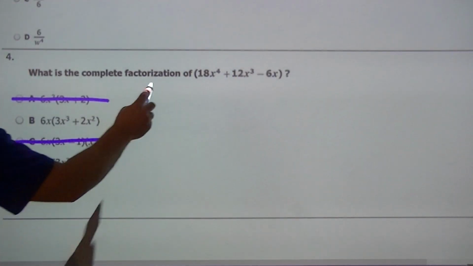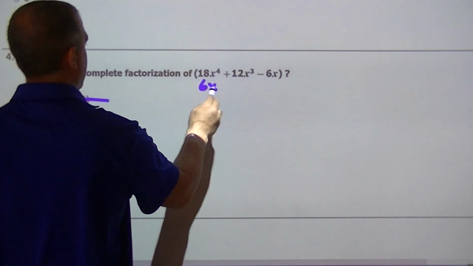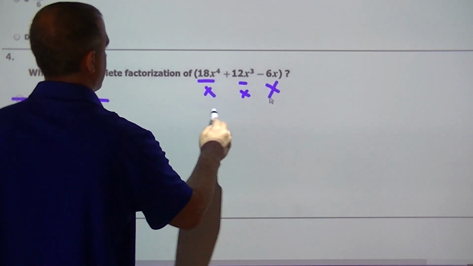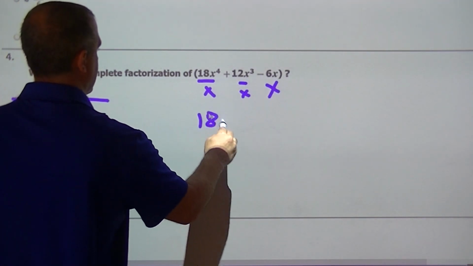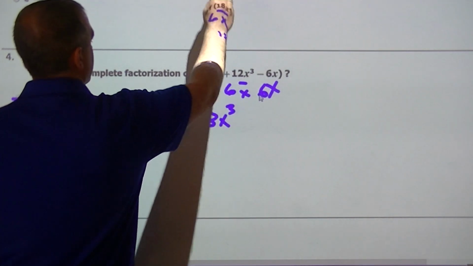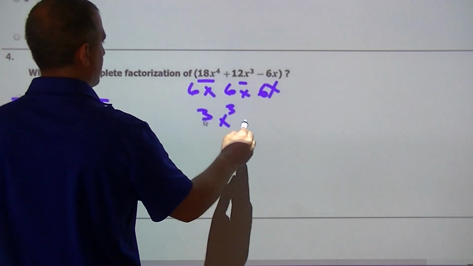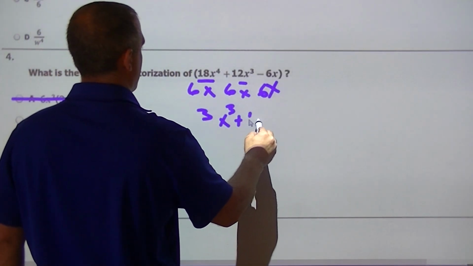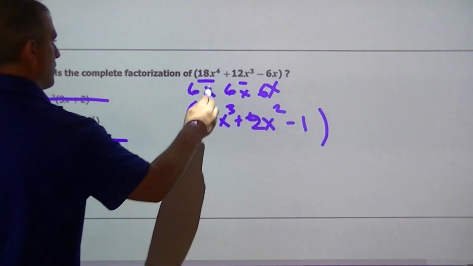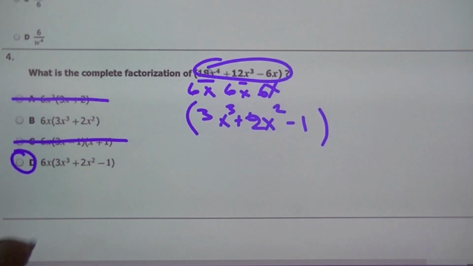The idea is that you would divide them all by x, because that's what they have in common. Actually, we divide by 6x, I apologize. So that would be 3x cubed plus 2x squared minus 1. So good rule of thumb, if you got 3, you got 3. And that's how that one would work.